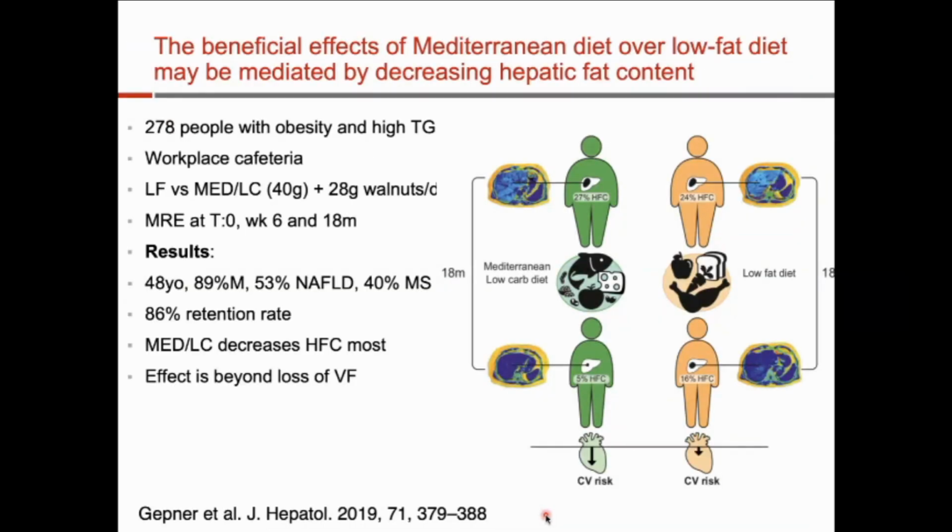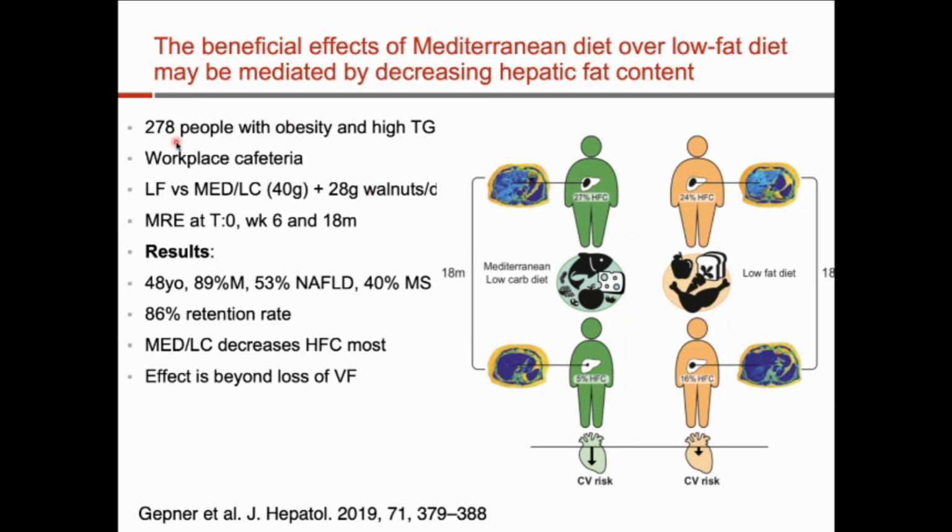So let's look at diet in general. Now, this was a study published in 2019 looking at the beneficial effects of Mediterranean diet over low-fat diet. They looked at which one decreased hepatic fat content the most, because hepatic fat content is better correlated with cardiac disease than visceral fat.